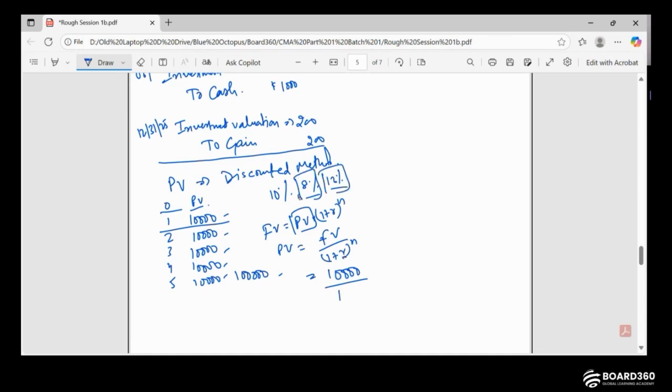If we take 8%, then it will be 1 plus 8 by 100 raised to the power n. n is 1, right? So 10,000 divided by 1.08 to the power 1 for the first year. For the second year, it will be raised to the power 2. For the third year, the power 3. For the fourth year, 4. And for the fifth year, for both, it will be 5, right? And after adding the present value of all of these, you will get the bond value in year 0.